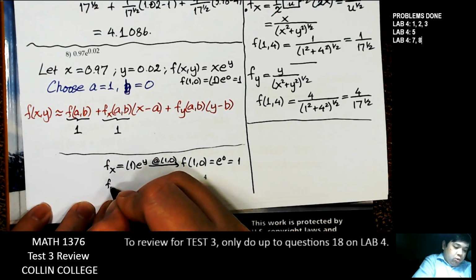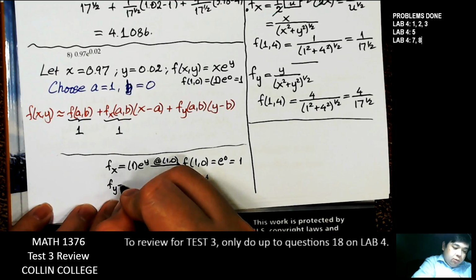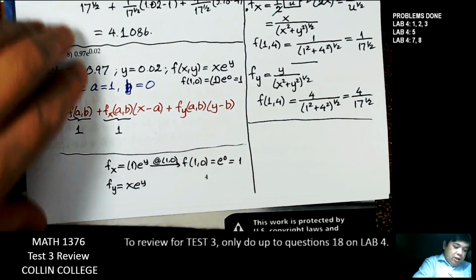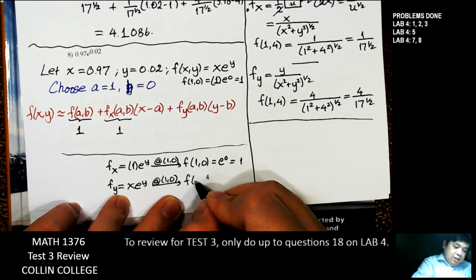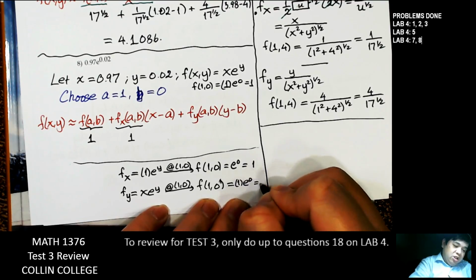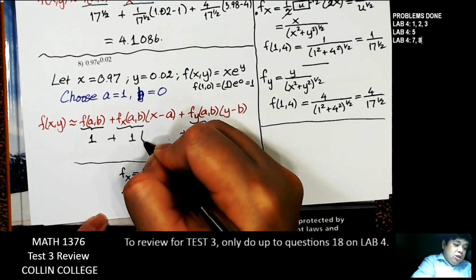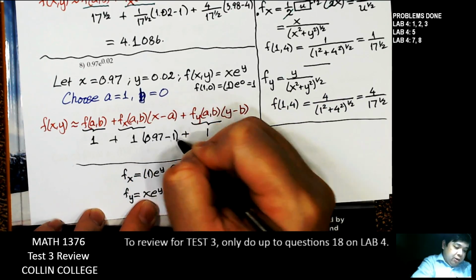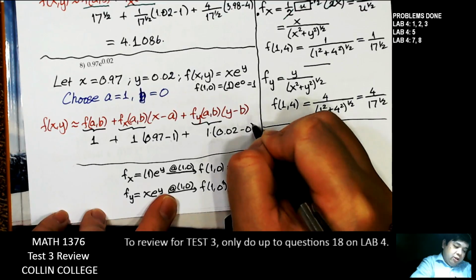And the derivative with respect to y is e to the y, still e to the y. So at 1 and 0, we have 1 times e to 0, so it's still 1. So all of these are 1. Now we just have the x minus a. X is 0.97 minus a, and y is 0.02 minus 0.